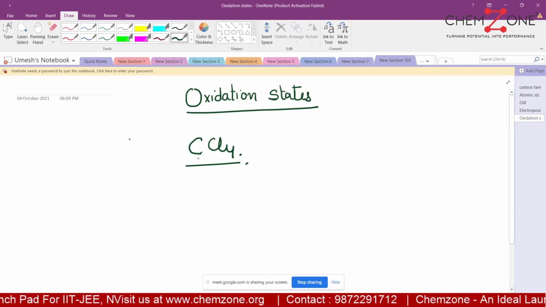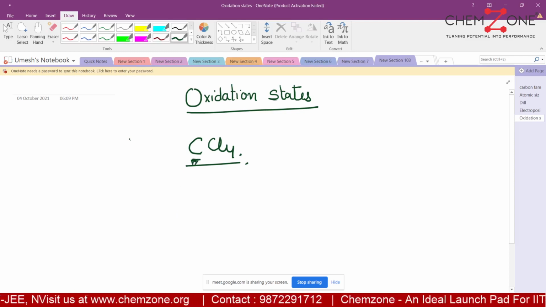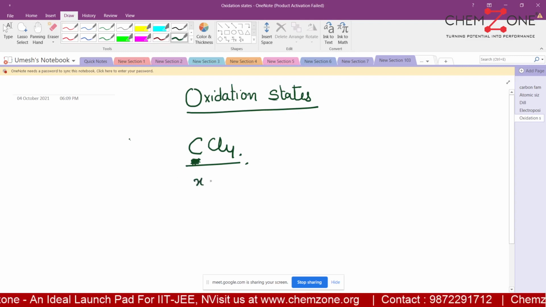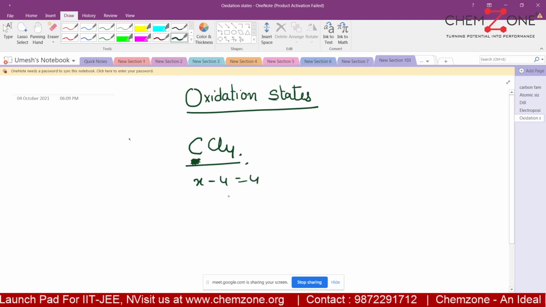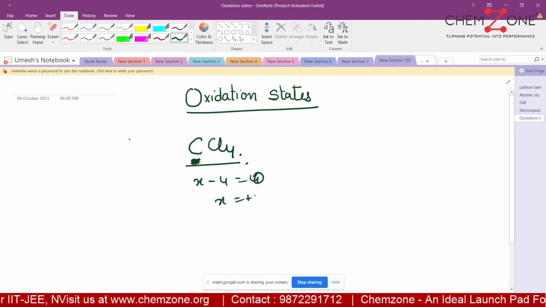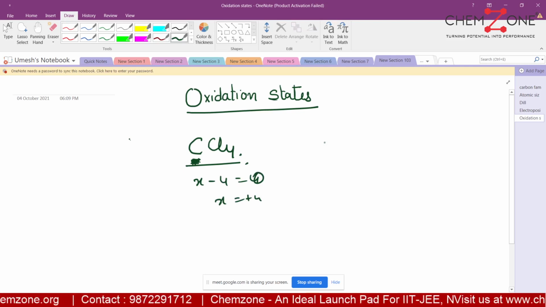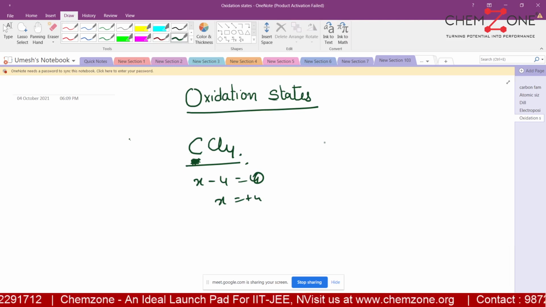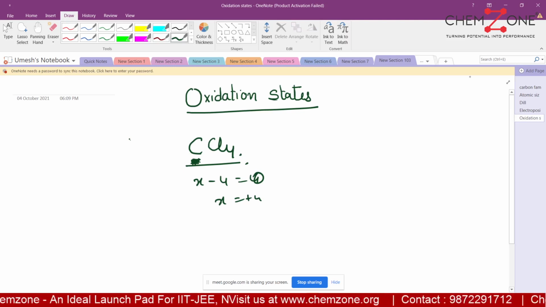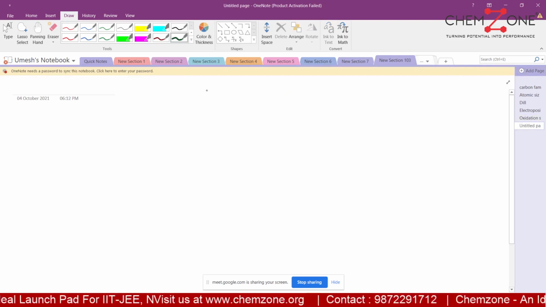Can you count the number of electrons in the outermost shell? What is the oxidation number of carbon here? 4. So the oxidation number of carbon is equal to 4, reason being that they have 4 electrons in the outermost shell. They can lose only 4 electrons.